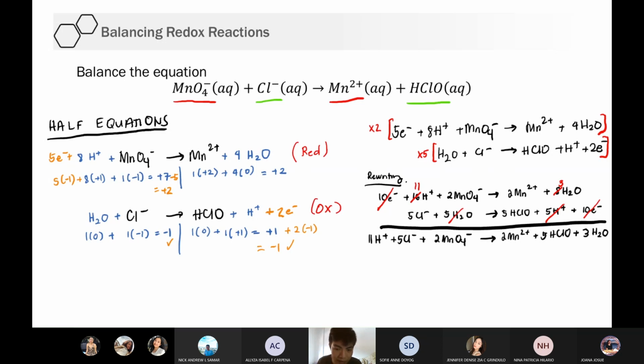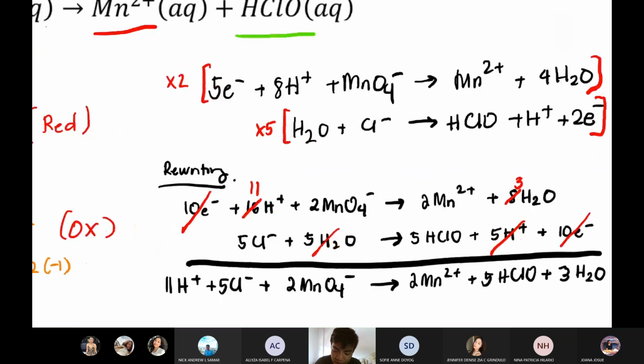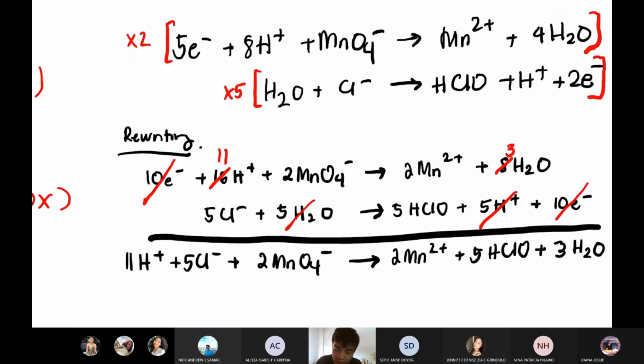Bakit? Pakita natin. Okay? So, ano ba tong equation na to? This equation is actually in acidic media or medium, no? Bakit siya naging acidic medium? Kasi may H+. Again, any solution with H+ ion ay acidic.